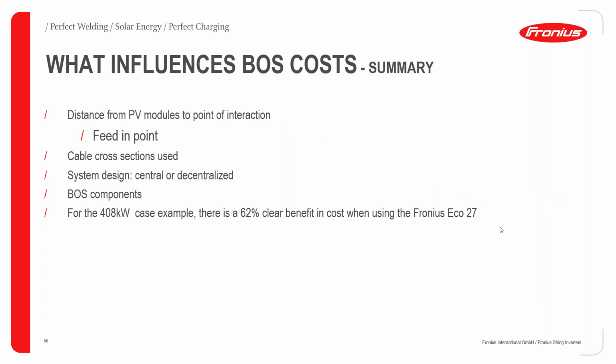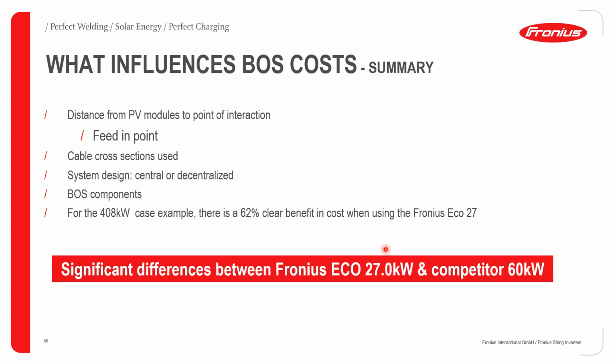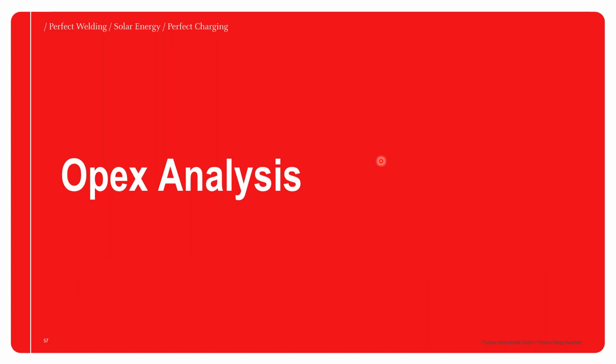So in this example, as we've seen for this 408 kilowatt installation, there is a clear 62% benefit when you're using the Fronius Eco inverter as far as BOS is concerned, compared to the 60 kilowatt competitor inverter. Let's now look at the Opex analysis.